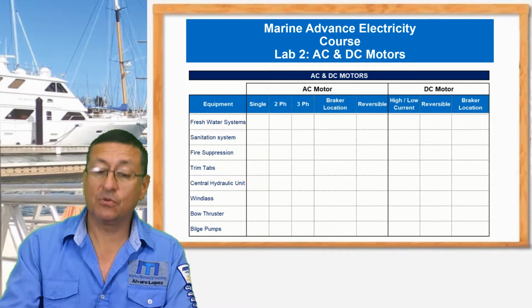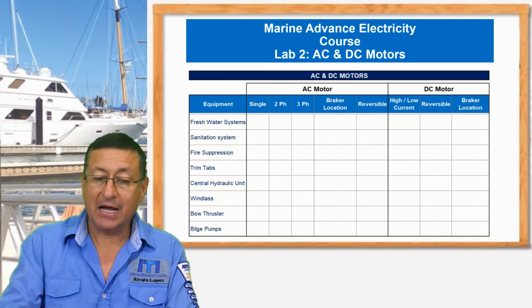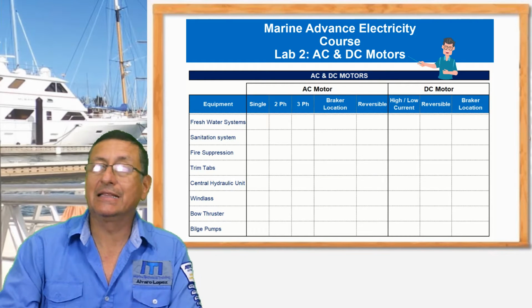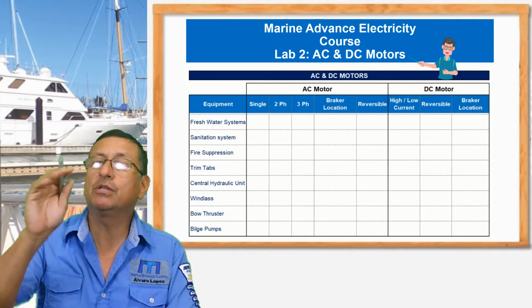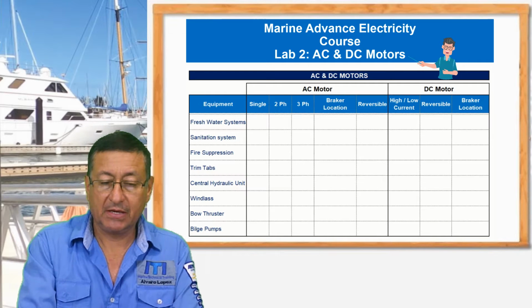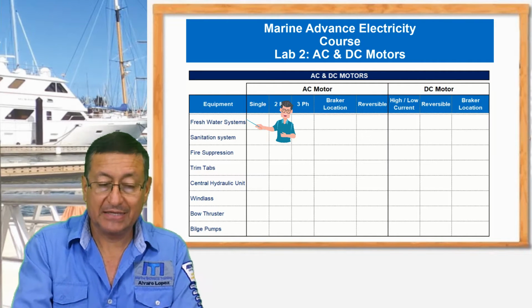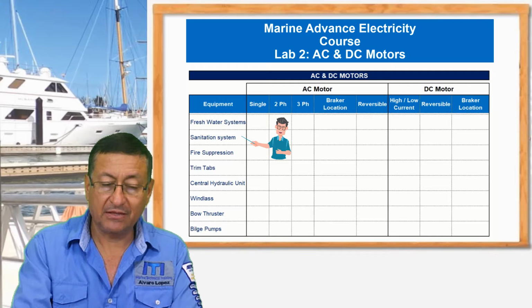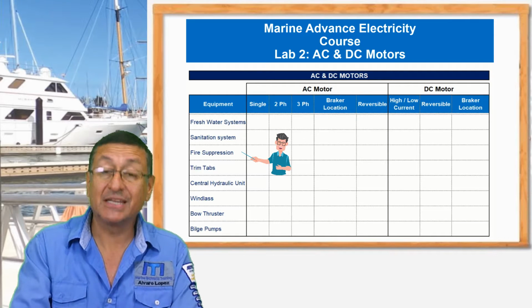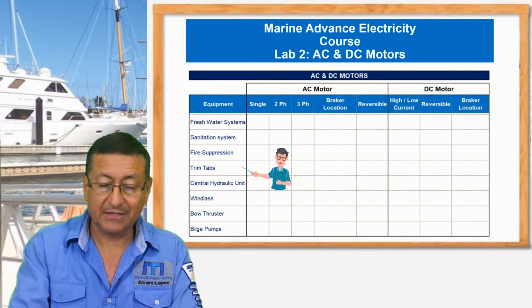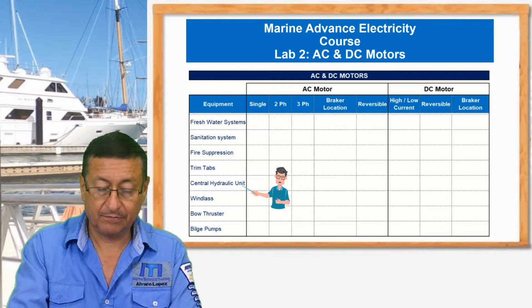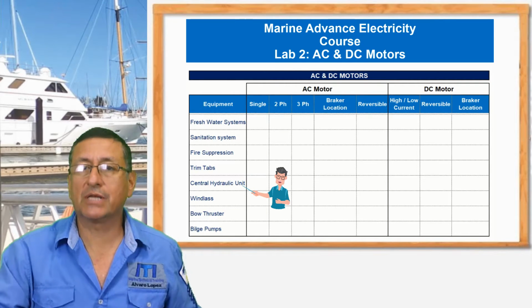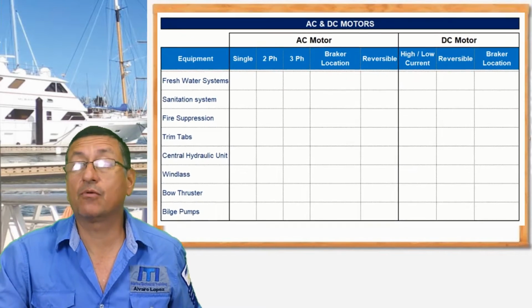We are going to analyze this table about AC and DC motors, and we are going to check the following equipment: the freshwater system, the sanitation system, the fire suppression system, the twin taps, the central hydraulic unit.